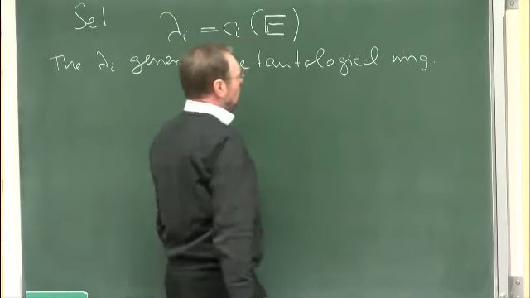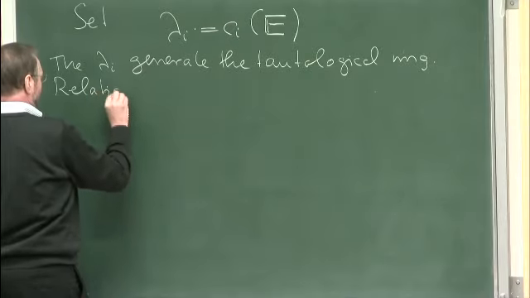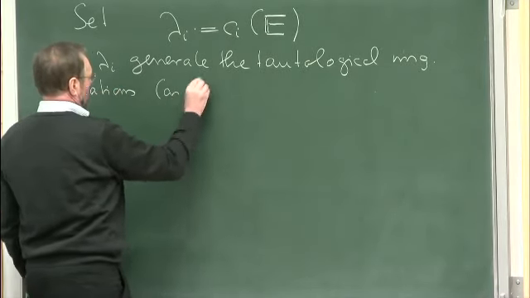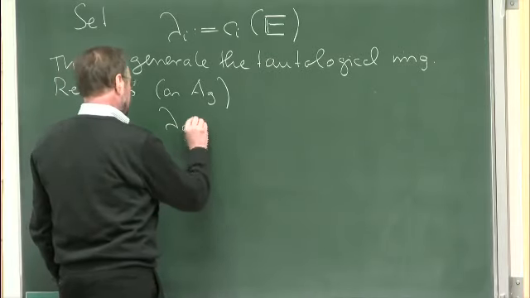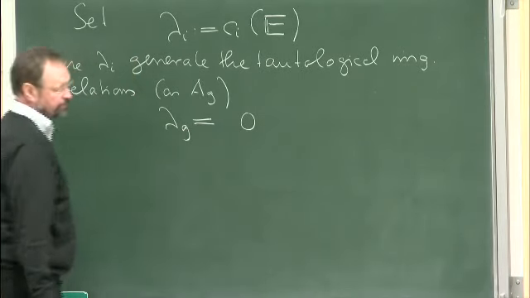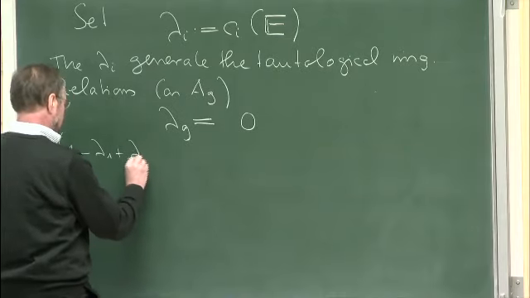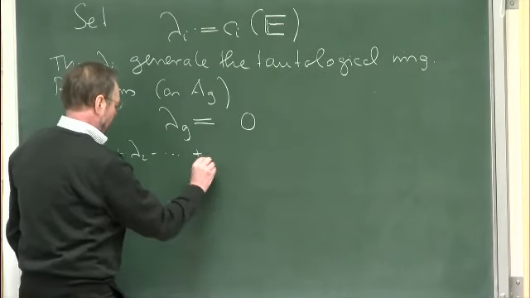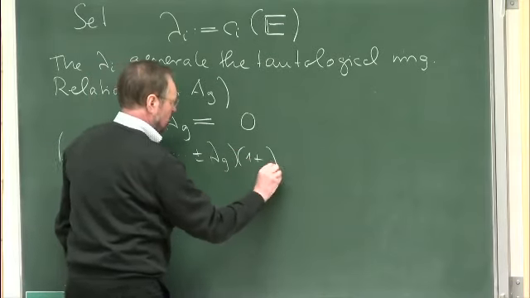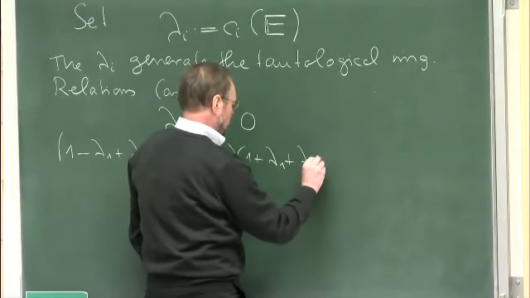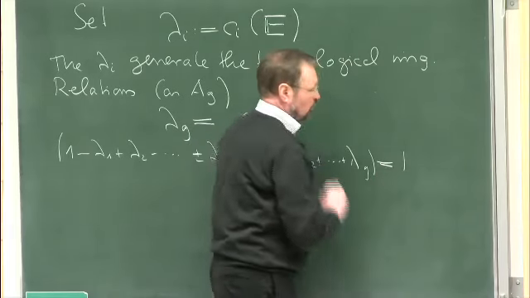What we have are relations on Ag. On Ag we have that lambda g is 0, and we have that (1 - lambda 1 + lambda 2 - ... ± lambda g)(1 + lambda 1 + lambda 2 + ... + lambda g) is 1.